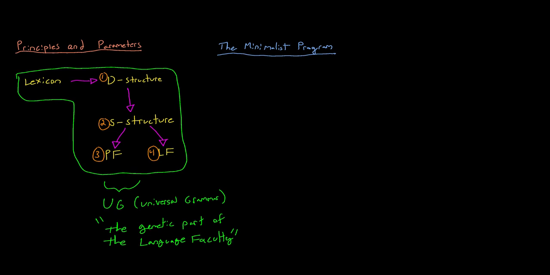So how is this model different from the minimalist program? And the answer is very significantly. The prime directive of the minimalist program is to locate as much as possible the explanation for linguistic phenomena outside of the language faculty.